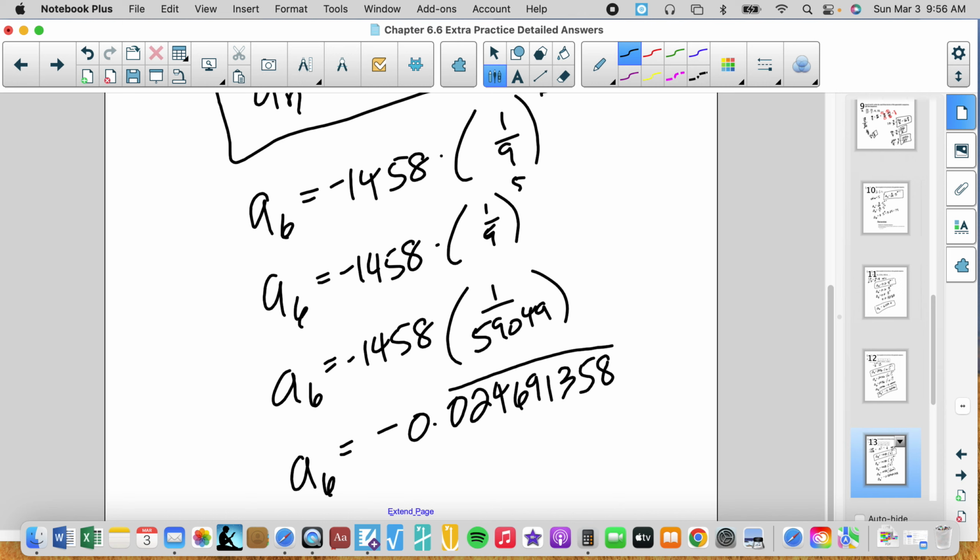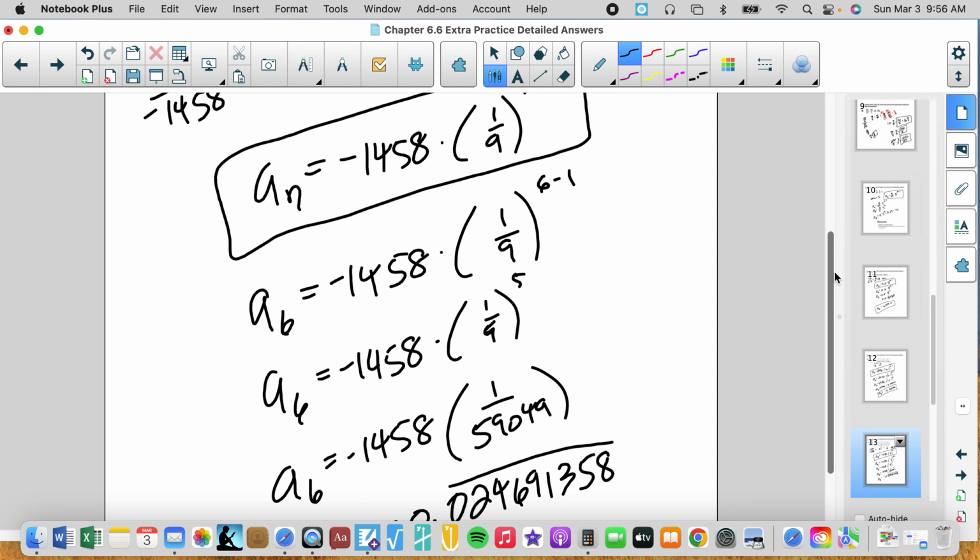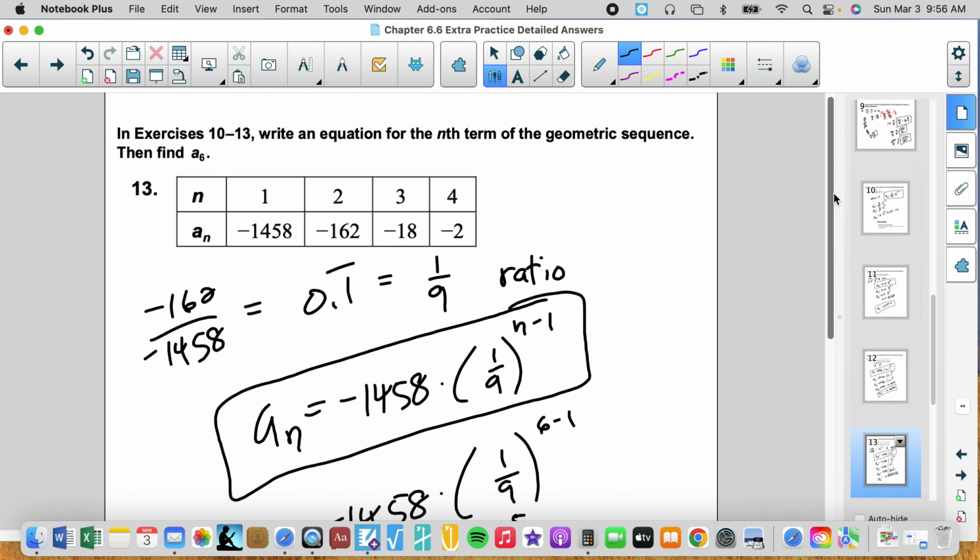How do you like them apples? That's just obnoxious. Does it say to round? Find the a sub 6.